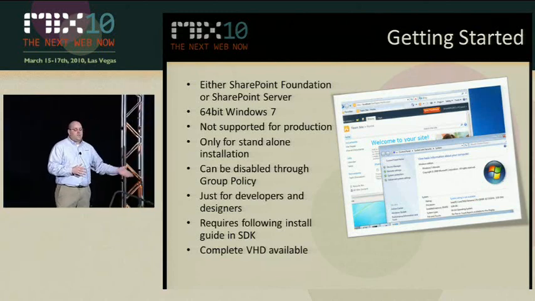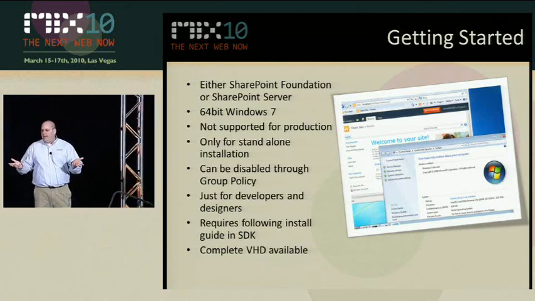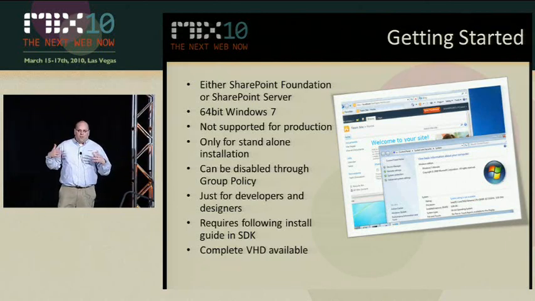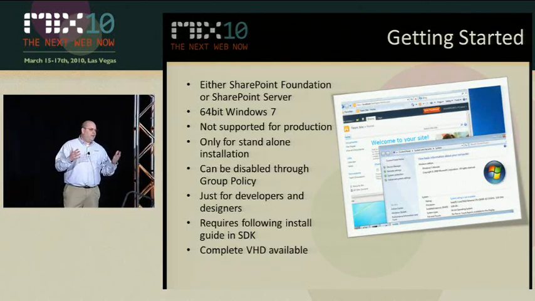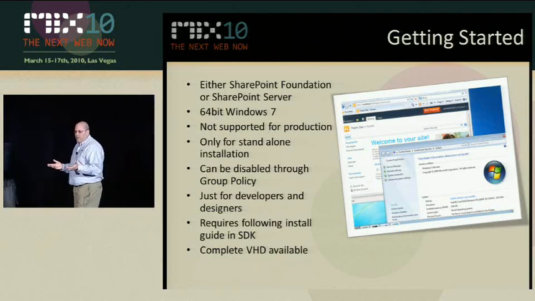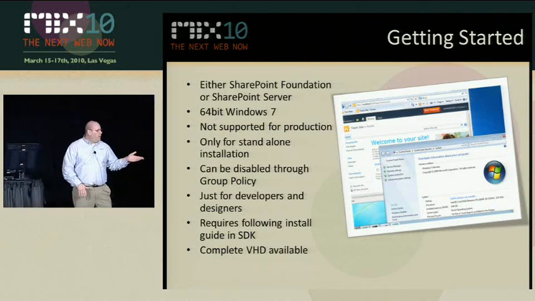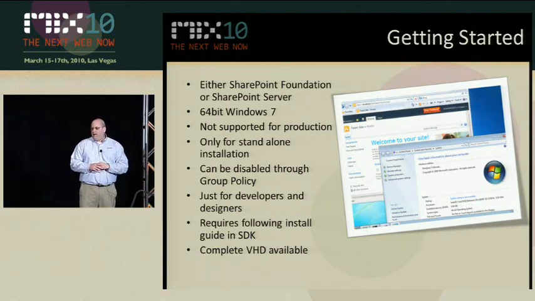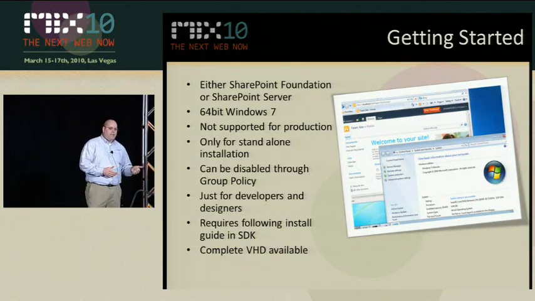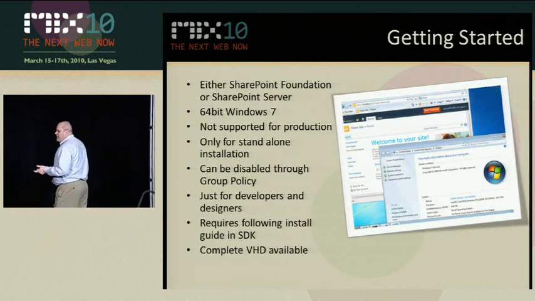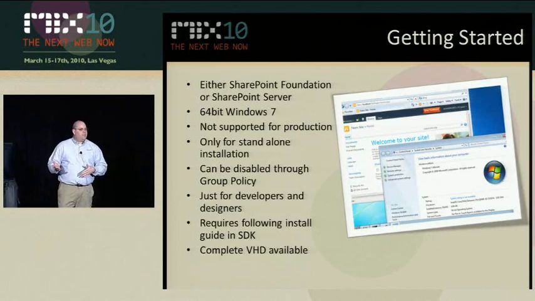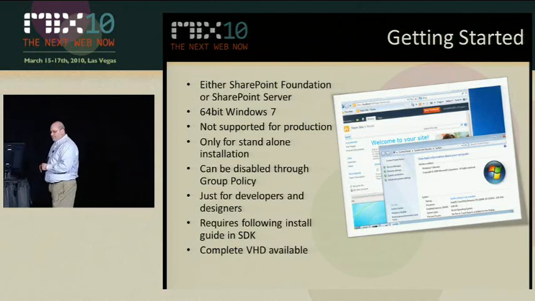But all of this is also available as a VHD ready to go, so all you have to do is download the virtual machine, and all of this Office, SharePoint, and Visual Studio stuff is already built for you. That would be the fastest way to do that, and at the end I have some links to how to go do that. Download the VHD and you're up and running in a few minutes. In fact, I'm doing all of the work off the VHD myself, so all the demos and everything you see is using that VHD.